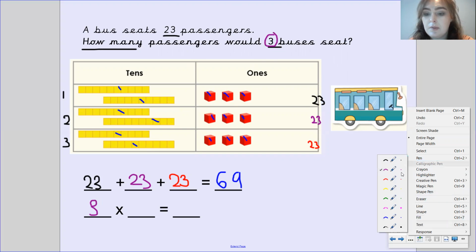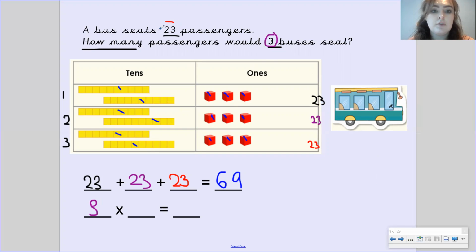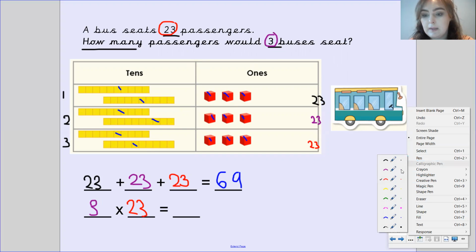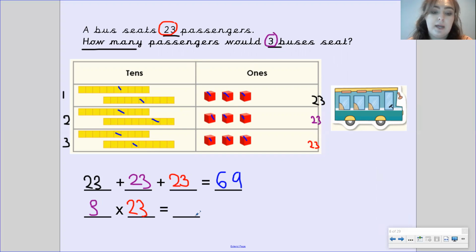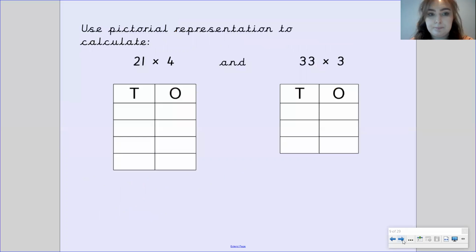We also know that within each bus, we have 23 passengers. So it would be 3 times 23. And then we need to write down our answer, which we know is 69. So that is how we work out using repeated addition and then a multiplication number sentence.